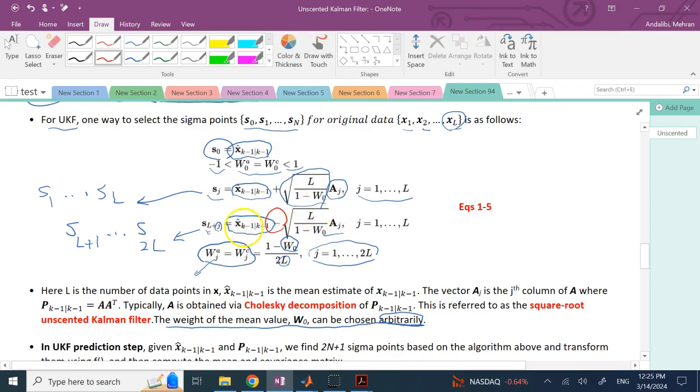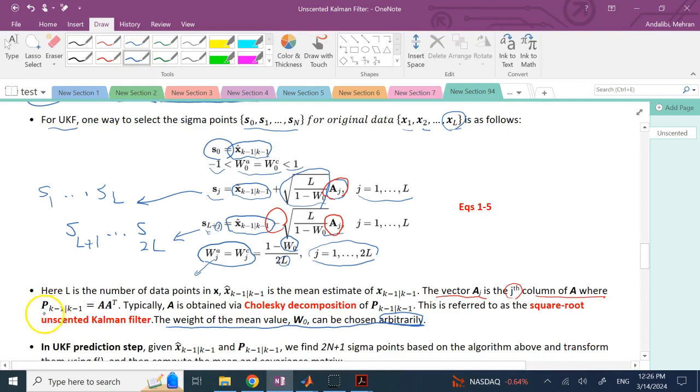Now, the previous mean is clear what it is. L is clear. W naught is picked arbitrarily. The only thing is, what is this Aj here? So let's see what Aj is. Aj is the jth column of matrix A. Where does matrix A come from? It comes from the Cholesky decomposition of the previous covariance.